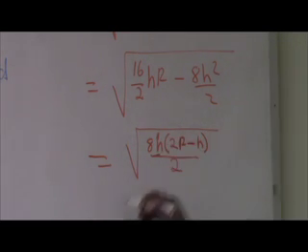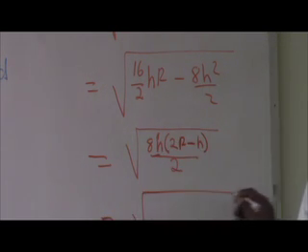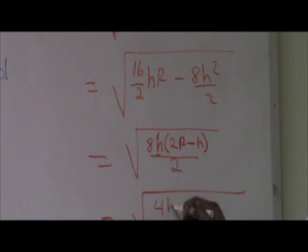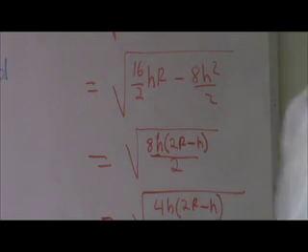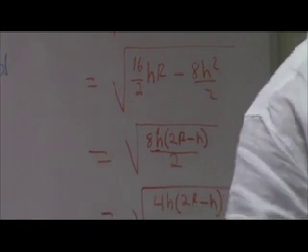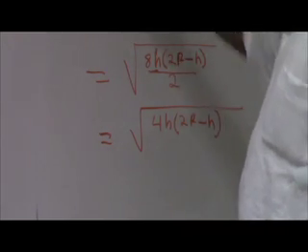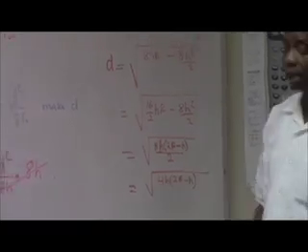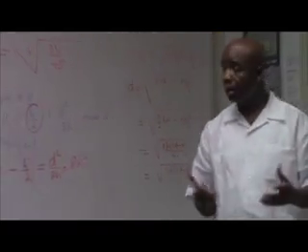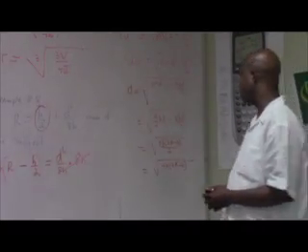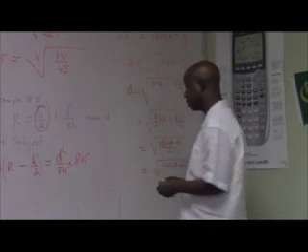And then if I divide this, I can further reduce this to 4h(2r minus h). And that's basically what I can do to have it in a very simple form. So actually when I reached here, I thought I was done easily, but you see that we can further manipulate it. So this is basically the kind of problems you will face when it comes to making something a subject of an equation.